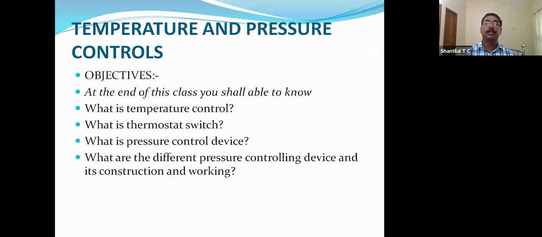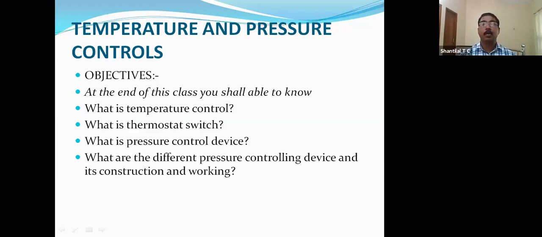At the end of this section, you shall be able to know what temperature control is, what a thermostat switch is, what a pressure controlling device is, and what the different controlling devices are, with their construction and working. These are the topics we will cover today.